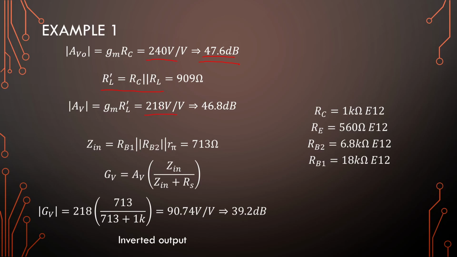And 240 is very close to this 218 right here. Okay, and we did design for maximum voltage transfer to the load of our amplifier. So these are supposed to be close to one another. Okay, so whenever you get the R load prime, that is where you apply it. You just add it into this Av equation right here.